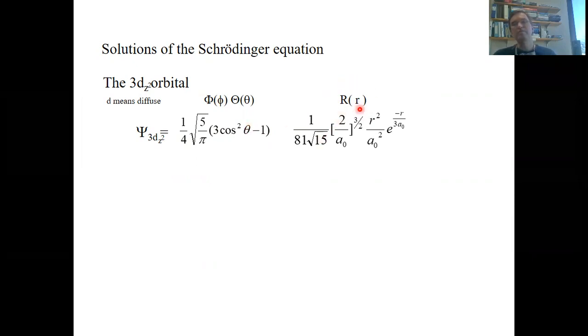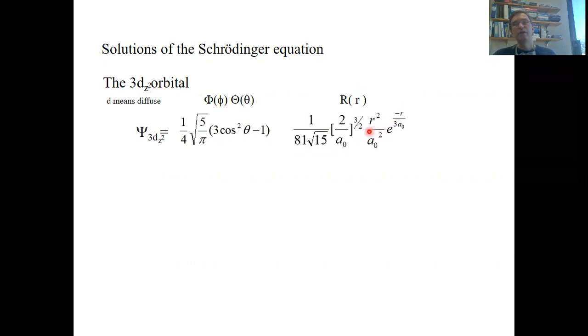Here you see the formula for the radial part of the wave function, and you see that it's composed of this simple coefficient here, r squared over a0 squared, times this exponential term here, e to the power of minus r.